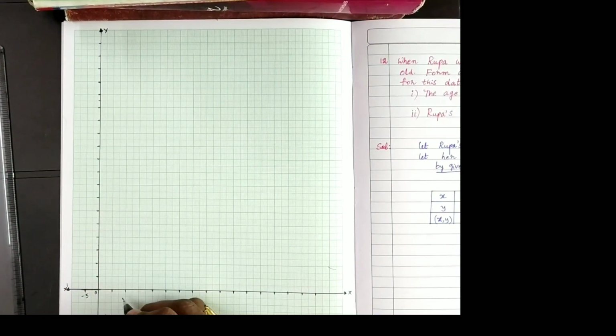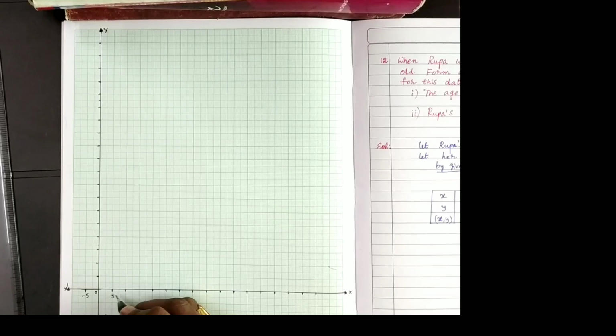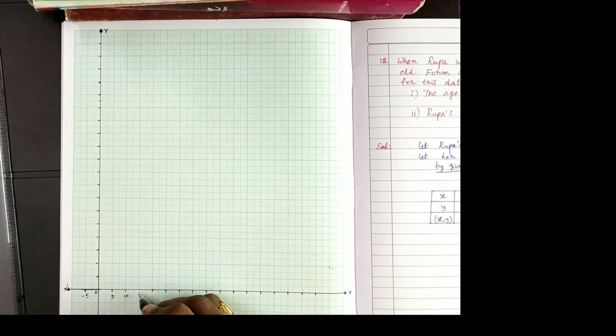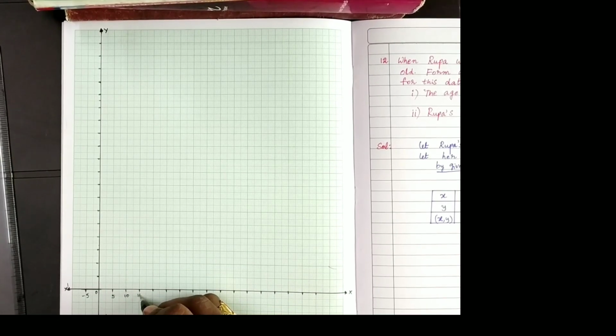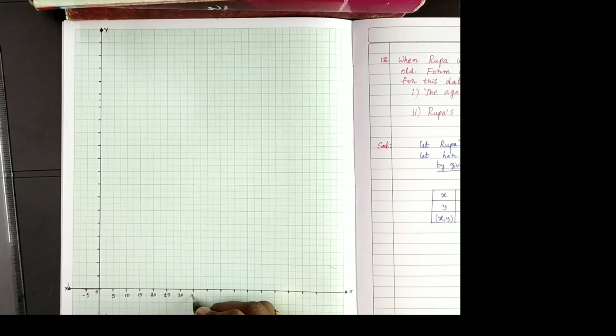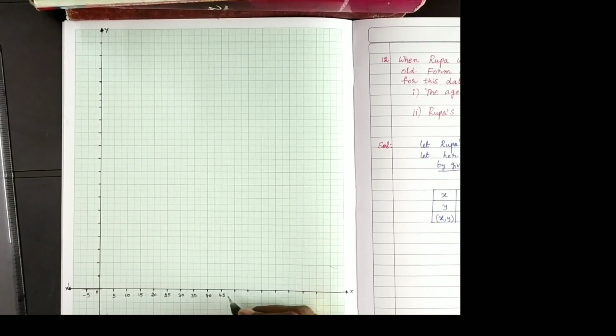Zero, 5, 10. Take 1 centimeter as 5 units. So this is 15, 20, 25, 30, 35, 40, 45.